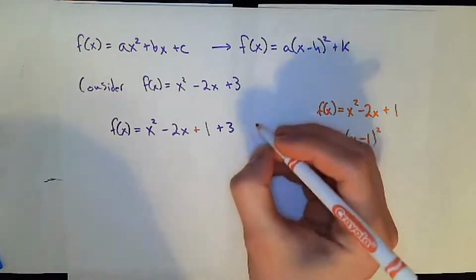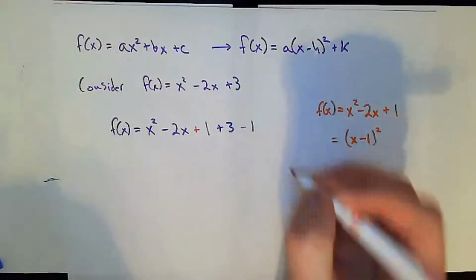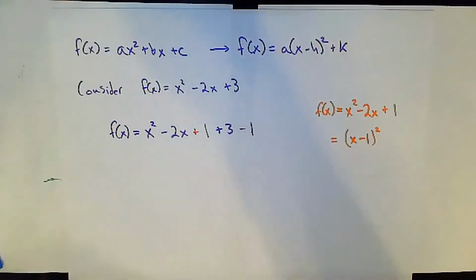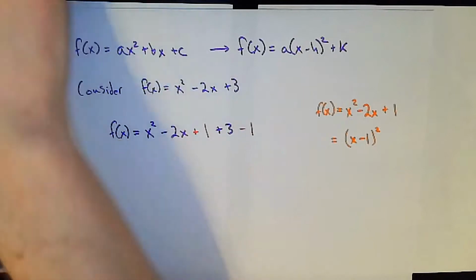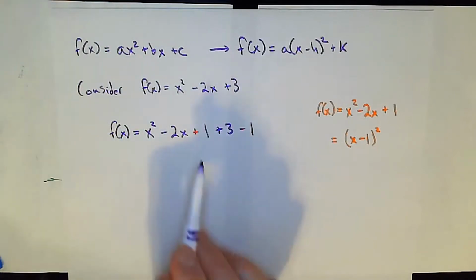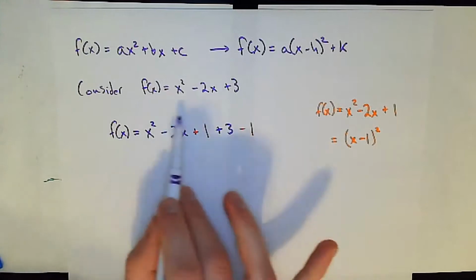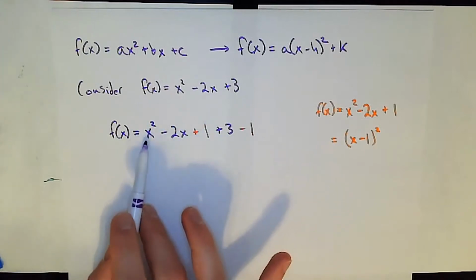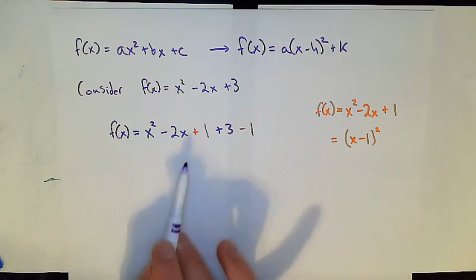I'm going to subtract 1 back here. So essentially I've done nothing. If you were to combine like terms and clean this up, it would get right back here. But I've added 1 in a very sneaky way by putting the plus 1 next to the degree 2 and degree 1 terms.